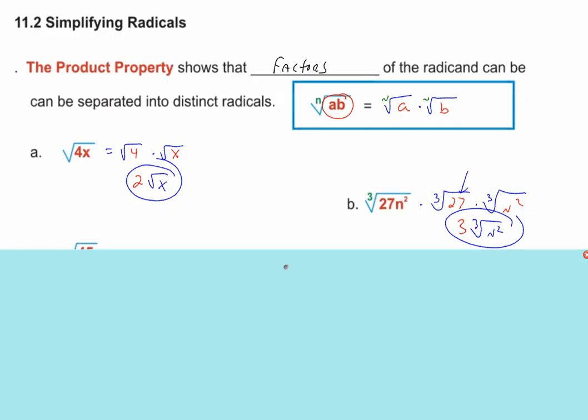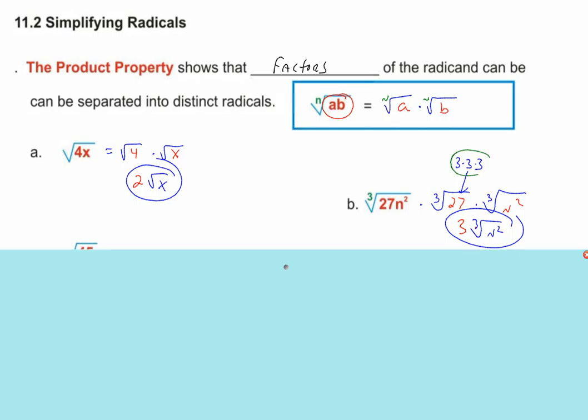Because 27 is a 3 times 3 times 3. And a cube root says, what number times itself 3 times is a 3 times 3 times 3? Well, the number 3 times itself 3 times is a 3 times 3 times 3.